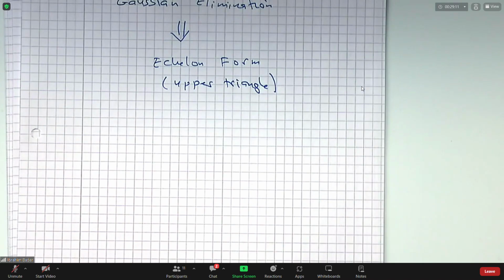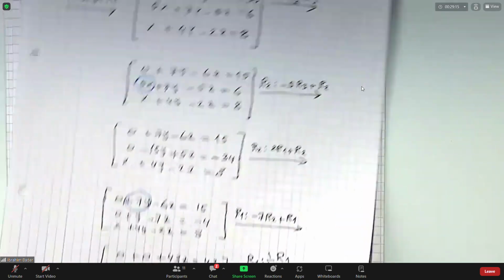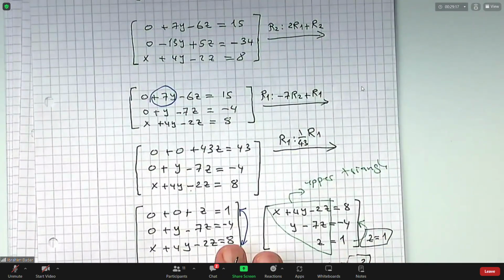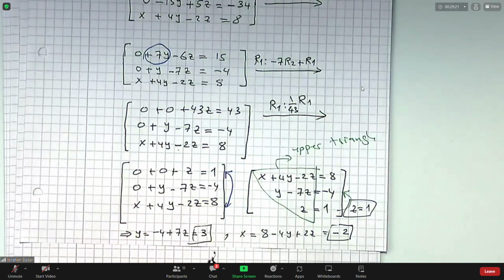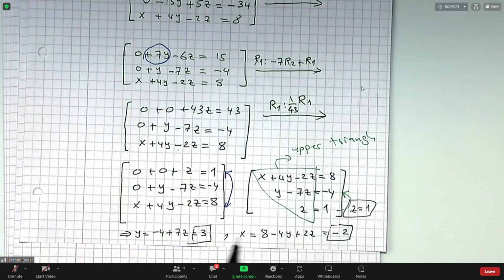But as you saw in the previous example, we got it in this upper triangular form, but then to find out the final answer, you need to make calculations. You need to go from down upwards to evaluate the values for y and x in this case.